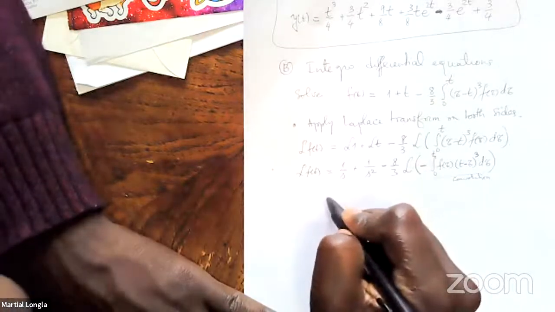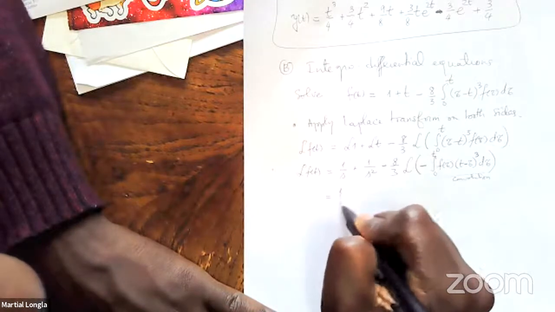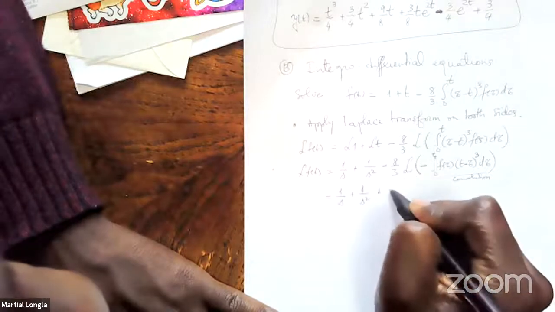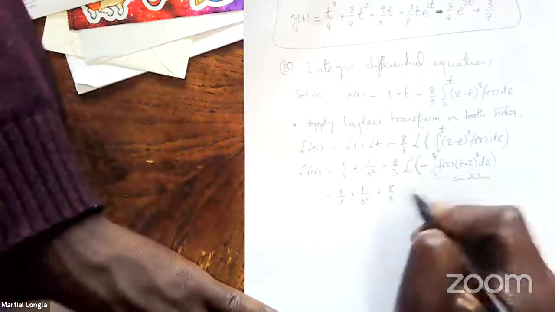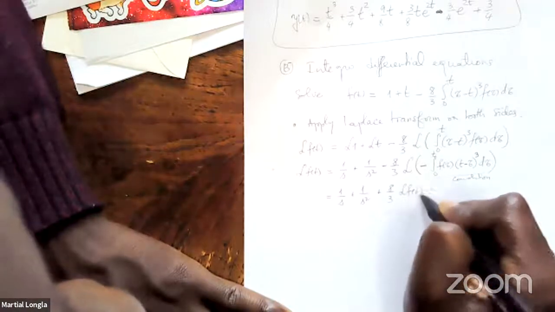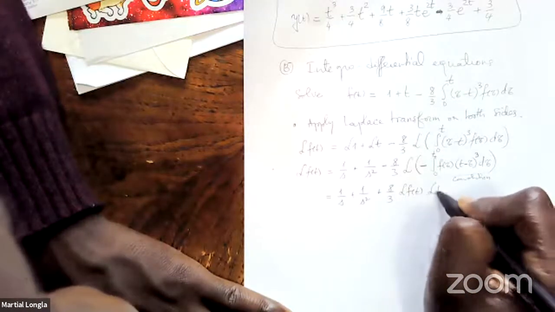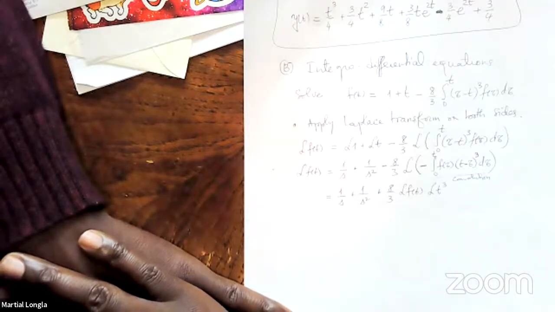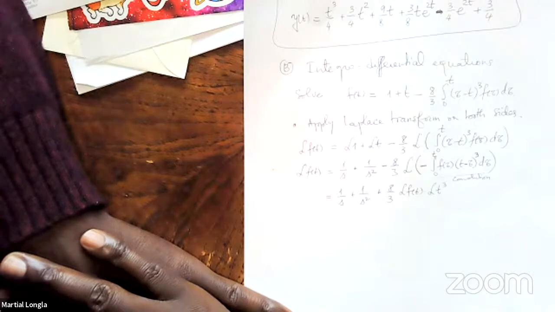So that is 1 over s plus 1 over s squared plus 8/3, and that is Laplace transform of f of t times Laplace transform of t cubed by the convolution theorem.